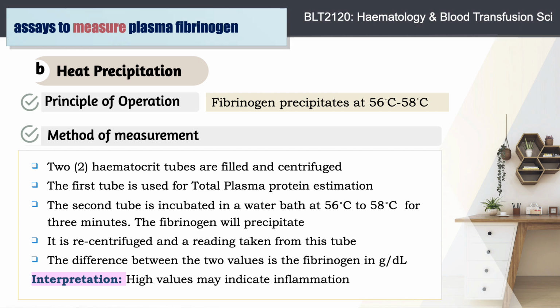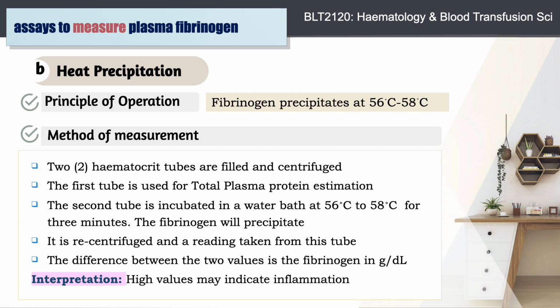Our second method is heat precipitation. The principle behind this method is that fibrinogen precipitates at 56 to 58 degrees Celsius. So let's look at our method.